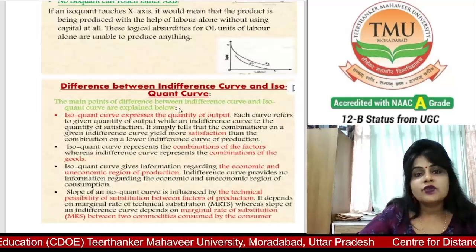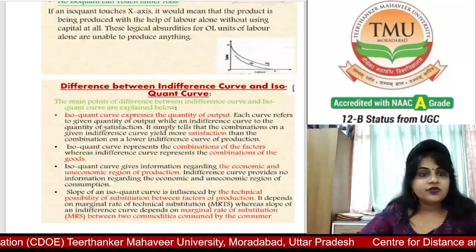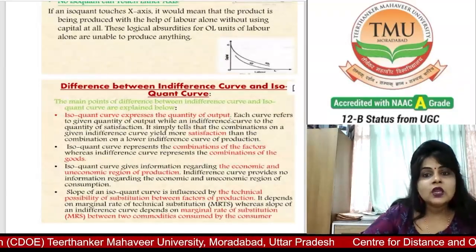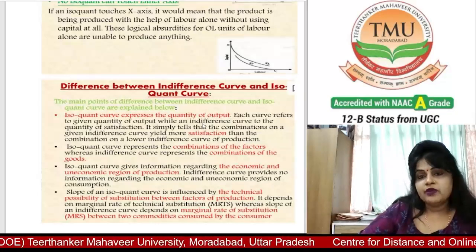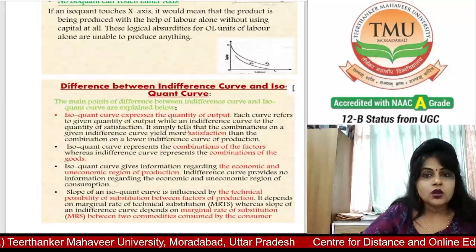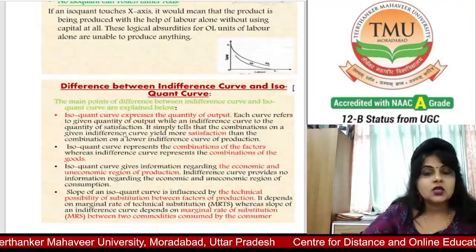The main points of difference between indifference curve and isoquant are explained below. First of all, the isoquant curve expresses the quantity of output. Each curve, as you see here in the different diagrams, refers to a given quantity of output, while an indifference curve refers to the quantity of satisfaction.